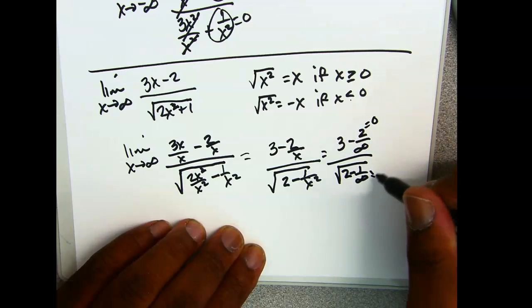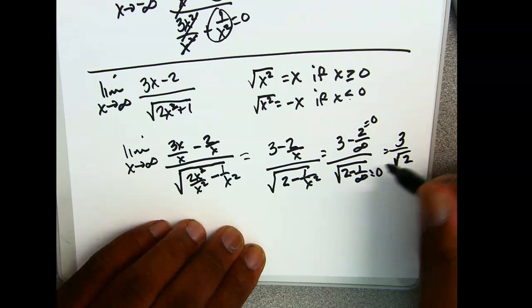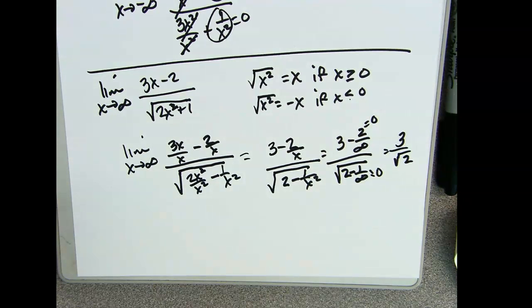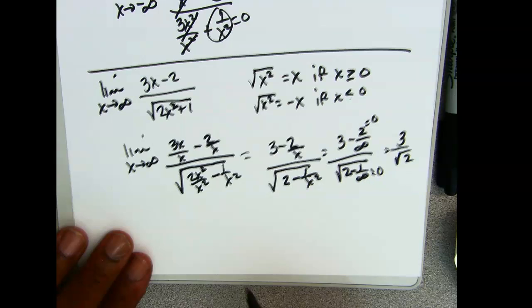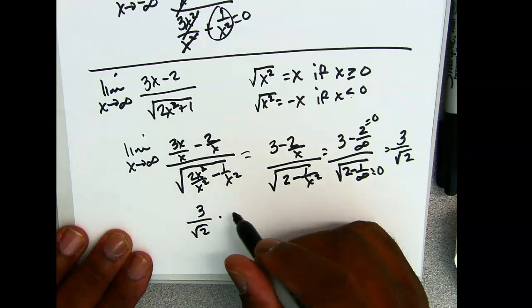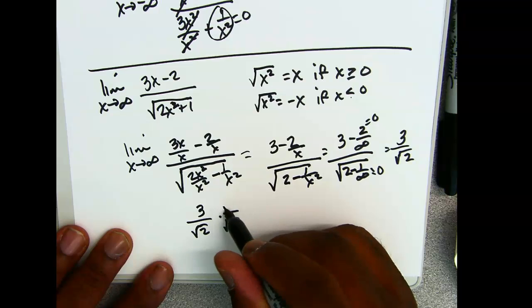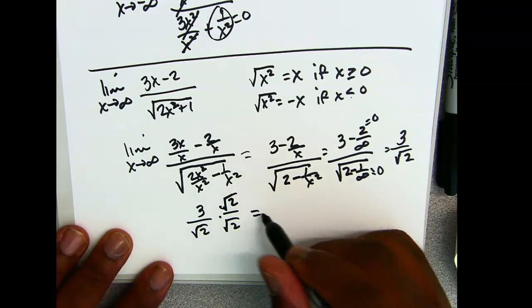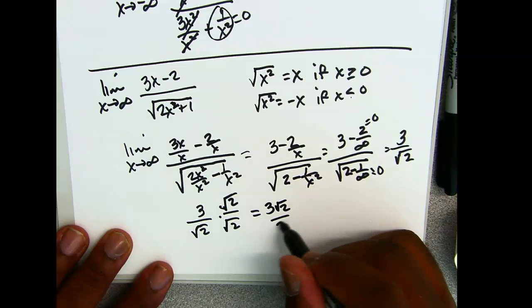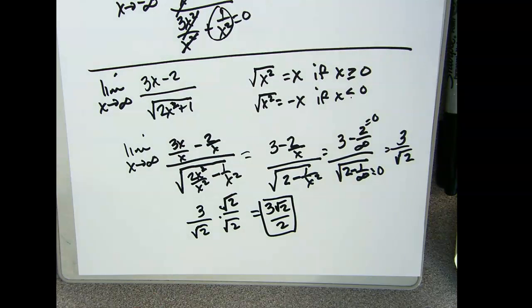So that's 0, and that one's 0. So you're going to get 3 divided by square root of 2. Let's recall that we want to rationalize the denominator, multiply it by a special form of 1, and we get 3 square root of 2 divided by 2. So that would be our solution there.